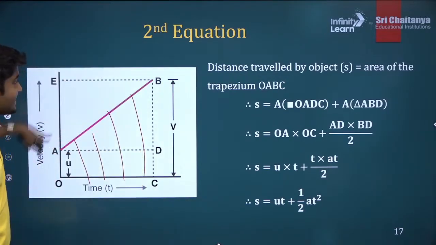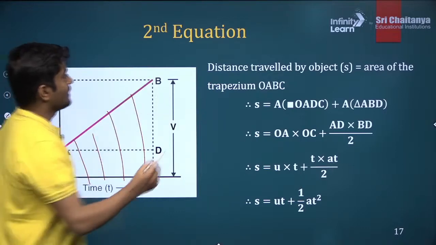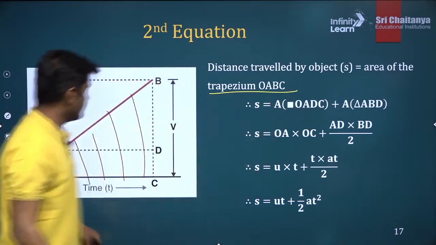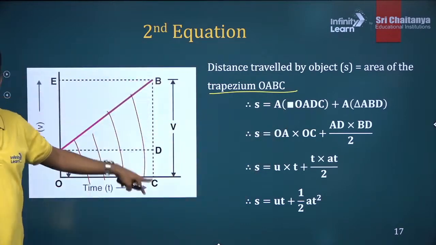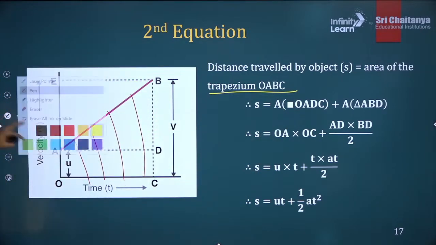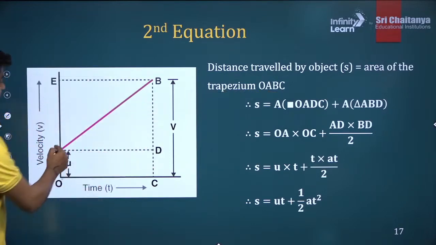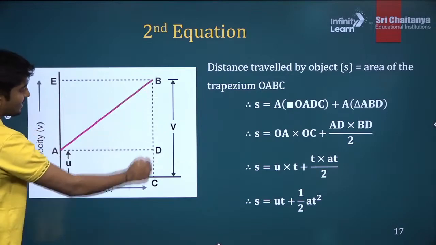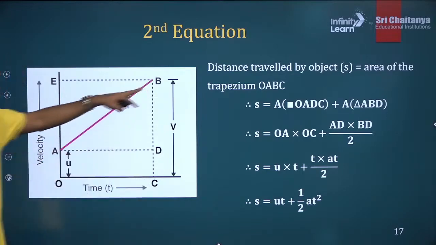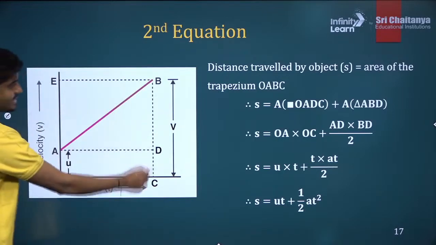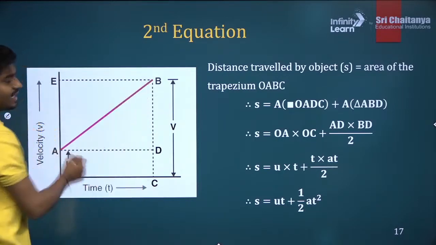So there is a trapezium OABC, and the area under the curve is the displacement. Now you can divide this trapezium into this triangle and the rectangle. So the area of the trapezium is the area of this rectangle OADC plus the area of this triangle.